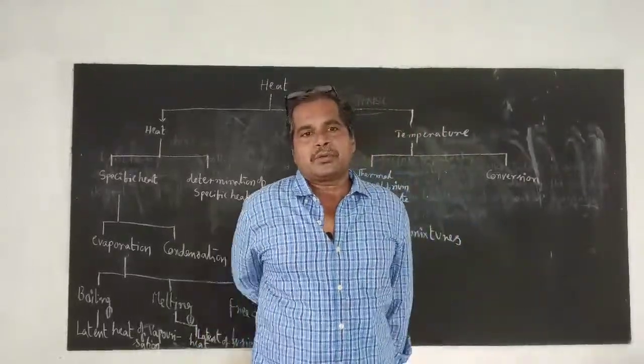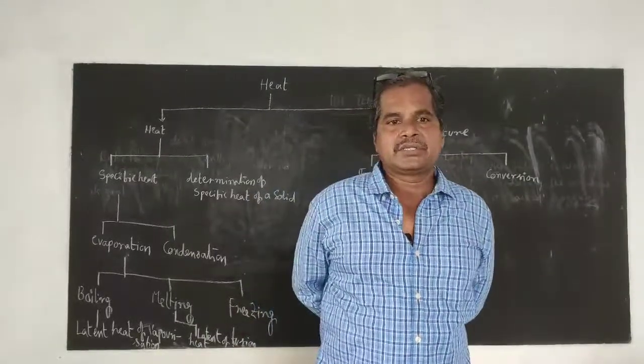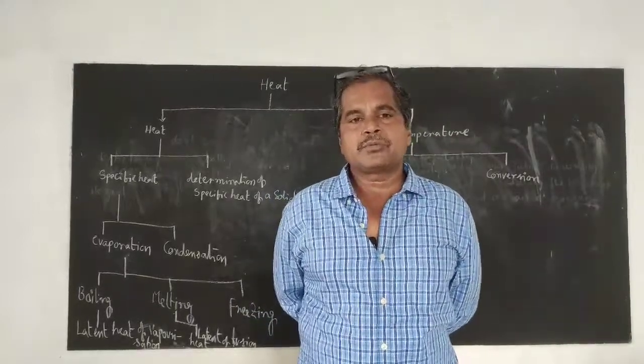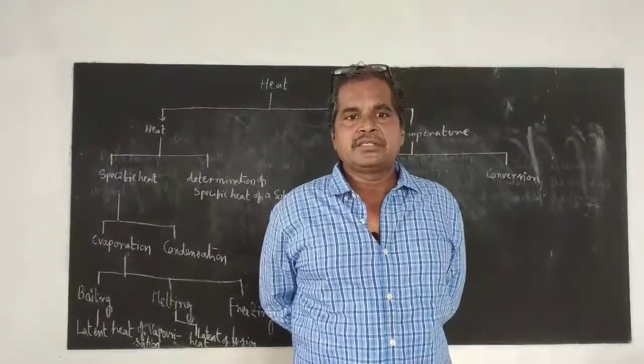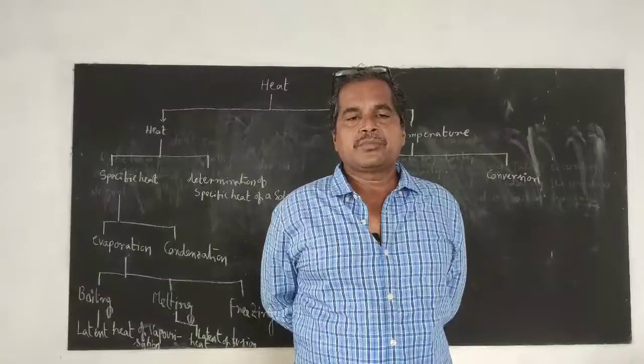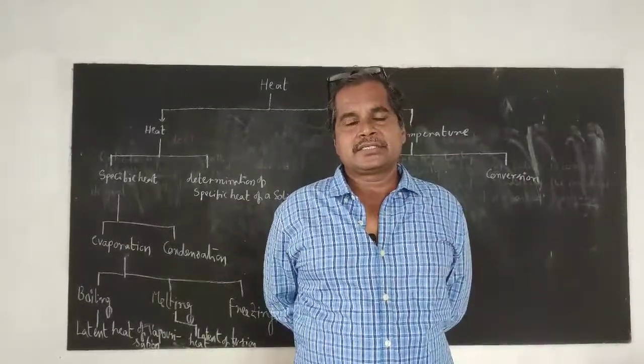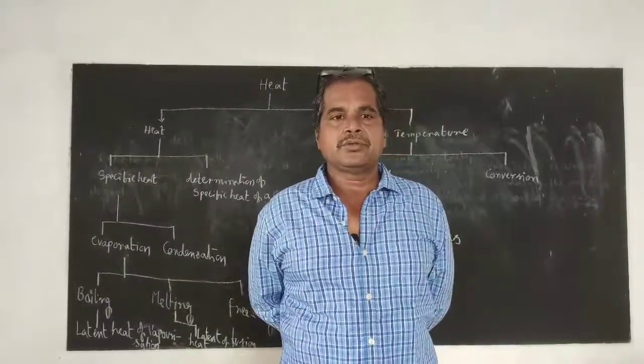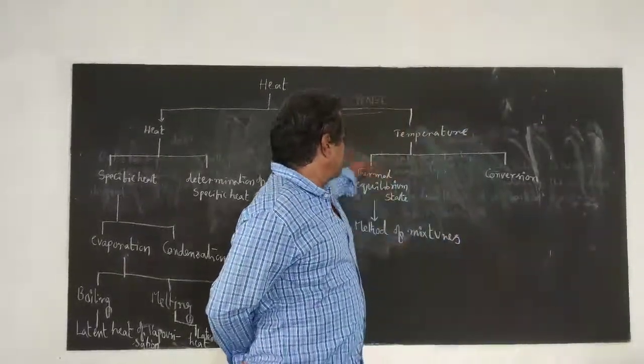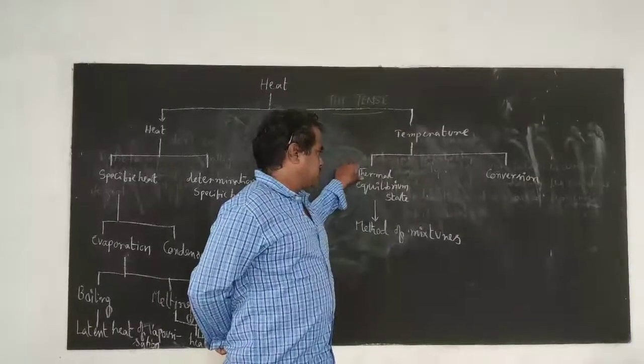In SI method, the unit of temperature is Kelvin. In CGS method, the unit of temperature is degree Celsius.